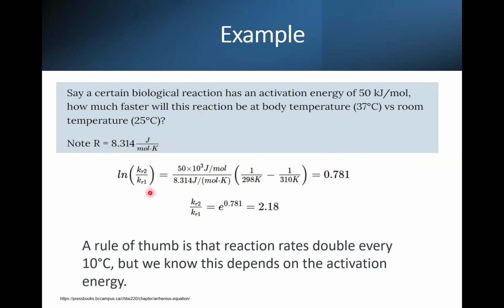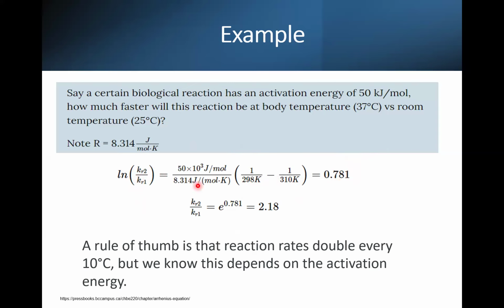Again, we can use the relationship between two reaction rates. As we mentioned before, the natural logarithm of Kr2 over Kr1 is Ea divided by R times 1 over the temperature T1 in Kelvin minus 1 over the temperature T2, and we can get a value here of 0.781.